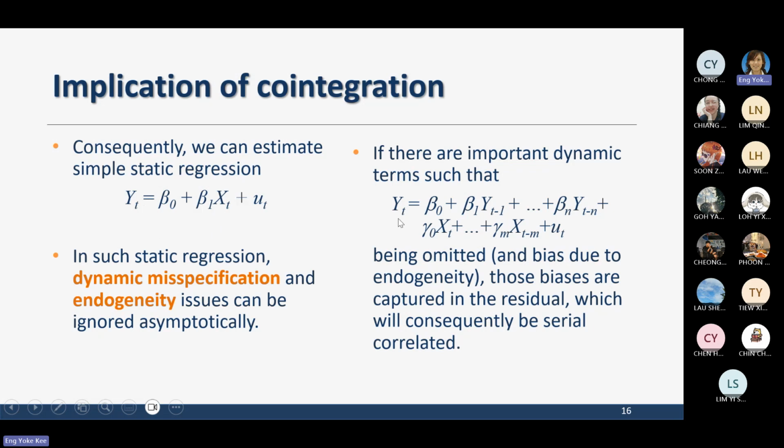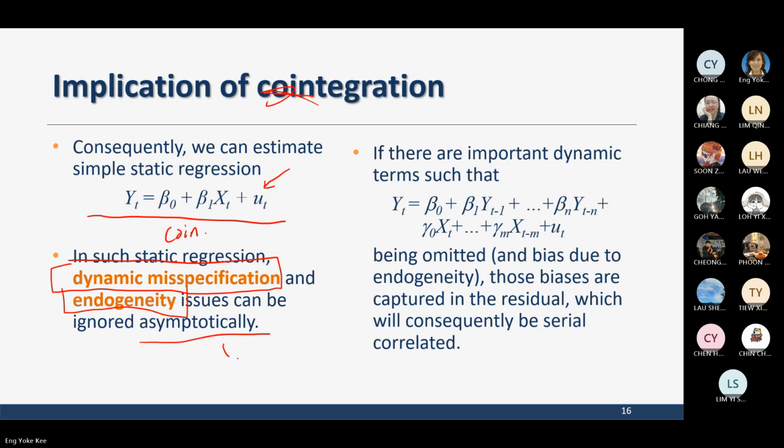Furthermore, another two advantages: if there is co-integration between the two, econometric problems, for example an omitted dynamic term or an endogeneity problem in this regression, can all be ignored if your sample size is big enough. Asymptotically means what? Big sample size, very big.